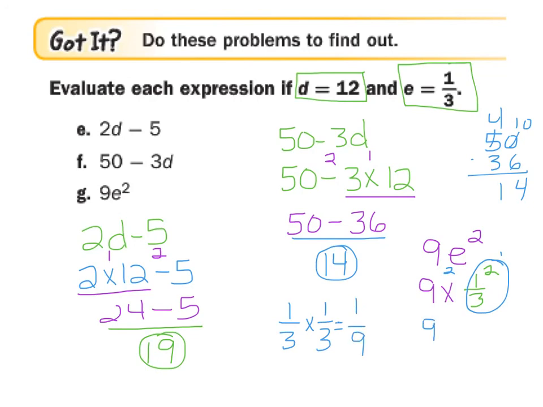So we have 9 times 1/9. We can put the 9 over 1. Hold on, I'll clean that up, sorry. Over 1. And the 9 cancels the 9, because 9 divided by 9 is 1. So we have 1 over 1, or 1.